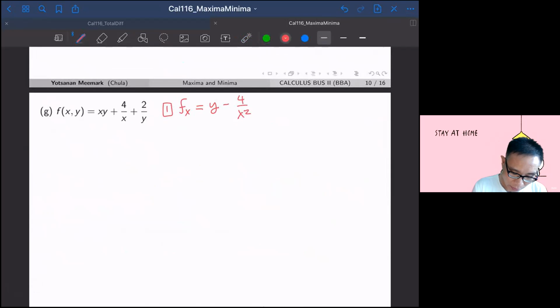And the derivative with respect to y turned out to be x minus 2 over y squared. Okay, so for this one, you solve for y, so it's going to be 4 over x squared, and you plug y into this equation. Okay, so this one I forgot, equal to 0. Okay, sorry.